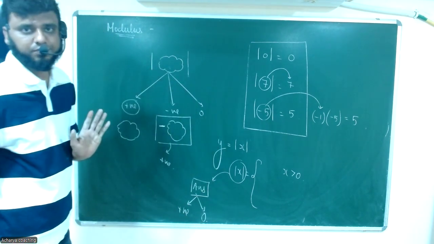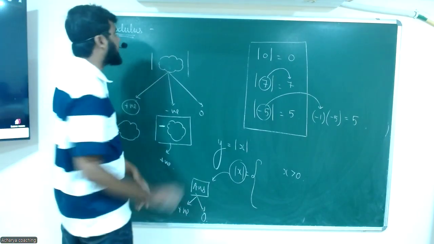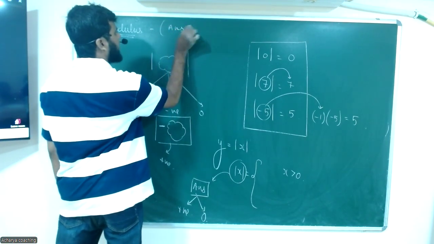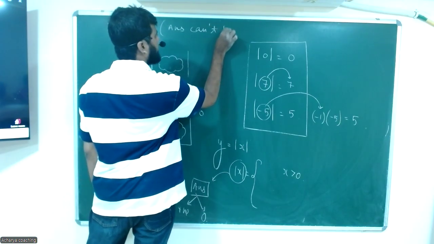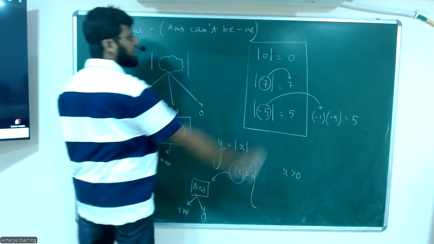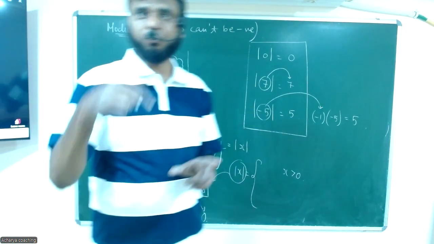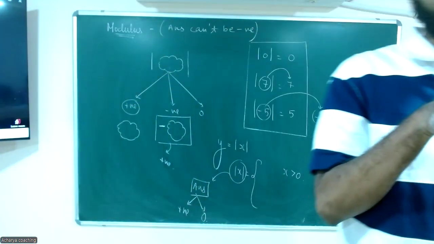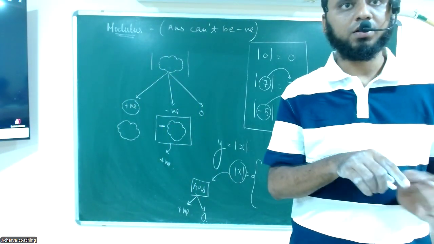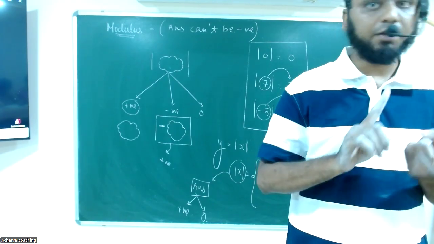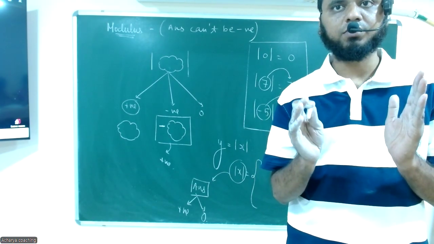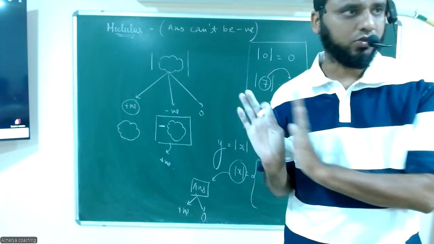Negative is not possible. So for the modulus function, the answer can't be negative. If you put 0 inside mod, the answer will be 0. Any number other than 0 inside mod, the value will always be positive.